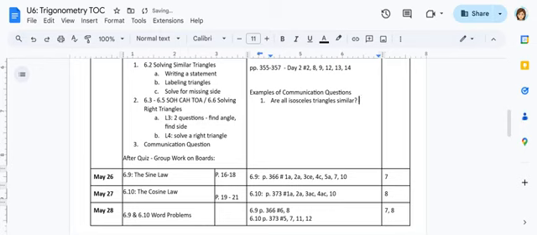If there's a question that says, are all isosceles triangles similar? You can't just say yes. You're going to draw a picture. You are going to use some numbers. If you say yes, you have to show me a few examples. If you say no, you have to show me a few examples. Okay?